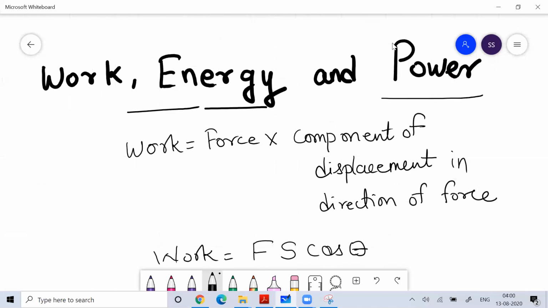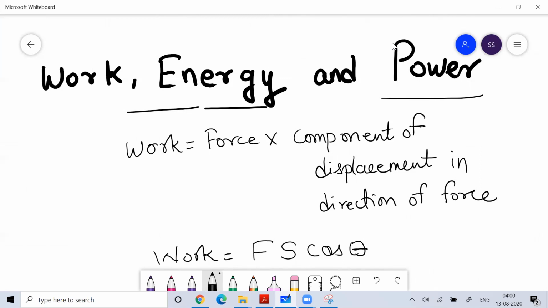When I talk about force, what is basically force? You remember Newton's second law of motion, that force is equal to mass into acceleration, or the rate of change in momentum. When I define force, a force applied on a body is defined as the rate of change in the linear momentum of an object.